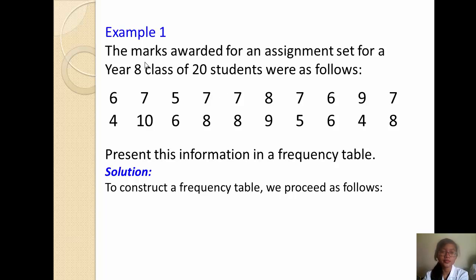For example, the marks awarded for an assignment set for a class of 20 students were as follows. Present this information in a frequency table. Solution: to construct a frequency table, we proceed as follows.